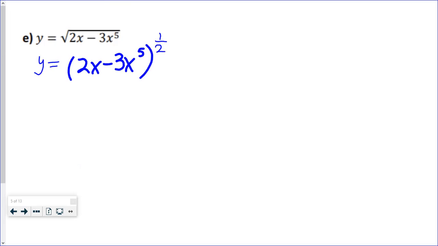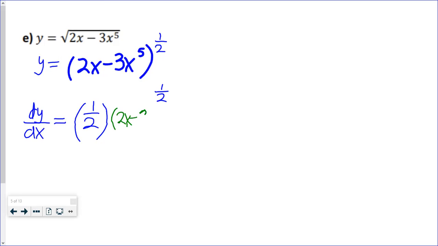So now when I go to my dy over dx, I'm going to take the power of 1/2. I know I have a power of 1/2 that I'm going to have to subtract a value from. But I have 2x minus 3x to the power of 5 to the power of 1/2 minus 1.